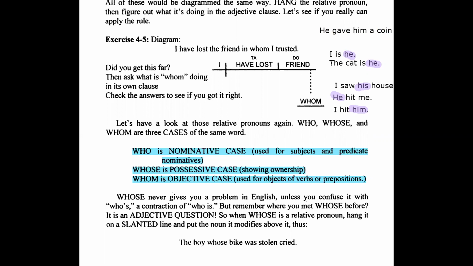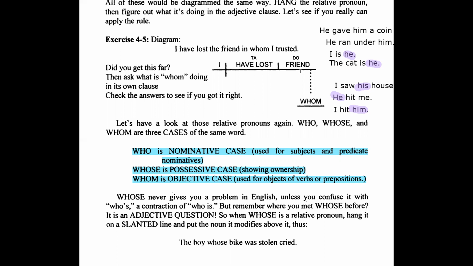Okay. He ran under, we have an object of a preposition. He ran under, is it he or him? Under he? No, under him, because it's the objective case. So all the hims are in the objective case. All the he's are in the nominative case. The his, that is the possessive case.